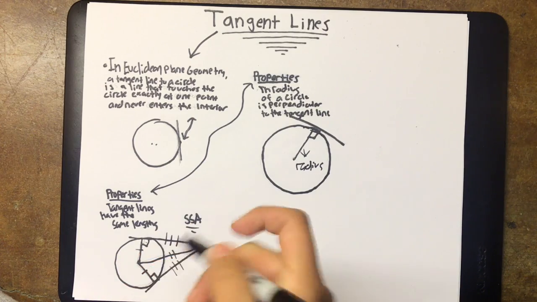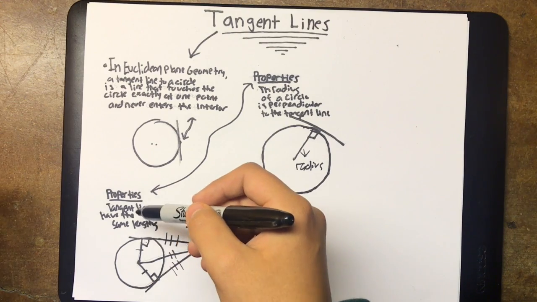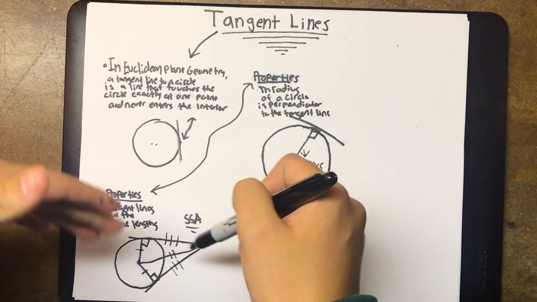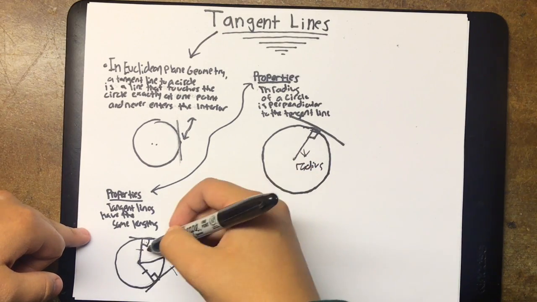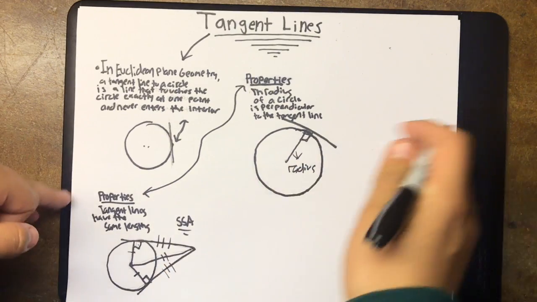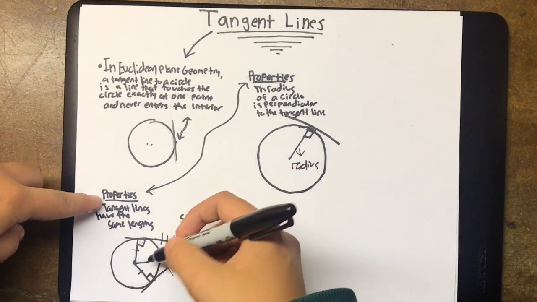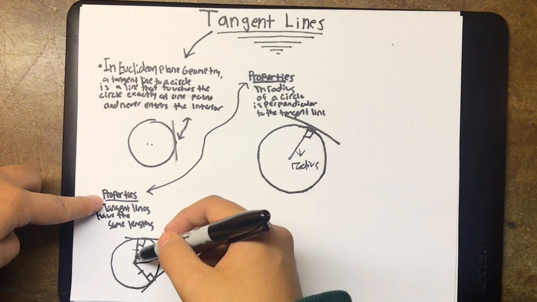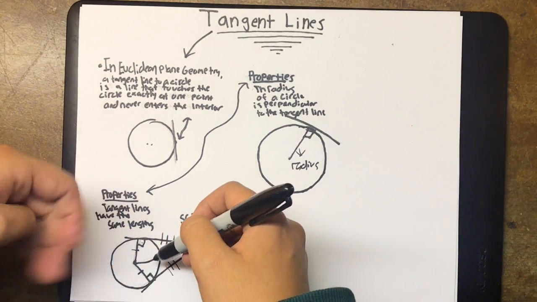Second, if we look at this example over here, tangent lines that connect like this always have the same length. An easy way to prove this is using side-side-angle. If we create two triangles, we know that both these side lengths are the same because they are the radius of the circle.